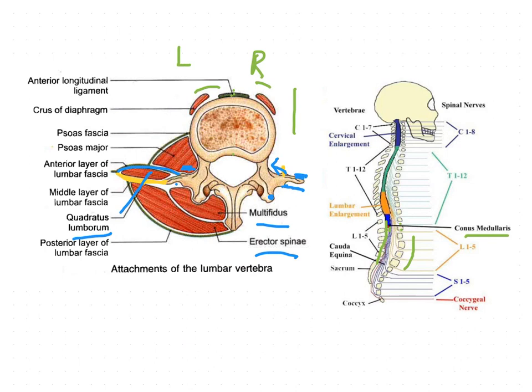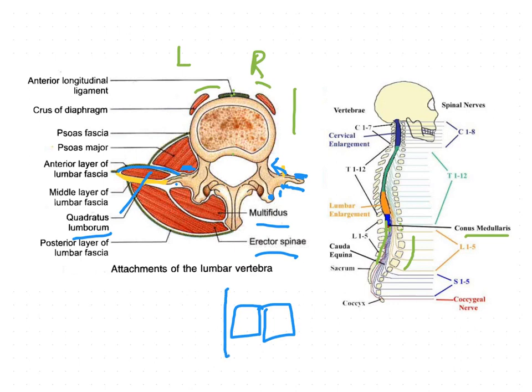So that means in between the transverse processes you have the intertransverse muscles, that too the medial intertransverse muscle. Okay, and then the upper and lower borders of the transverse processes provide attachment to the lateral intertransverse muscles. So there are medial and lateral intertransverse muscles.